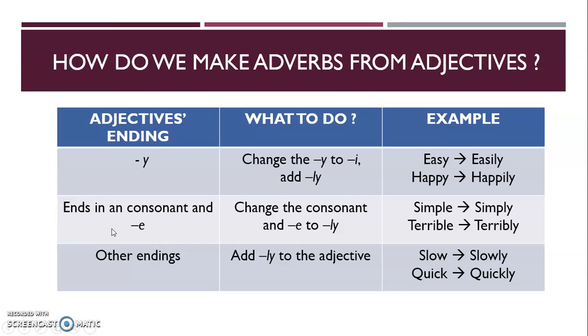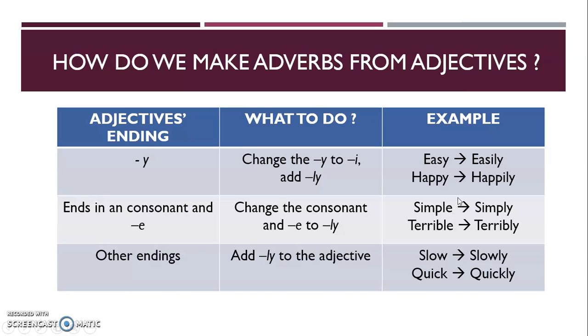Alright, if the adjective ends in a consonant and e, consonants are the alphabets besides A, E, I, O, U. Right? So you change the consonant and e to ly. Simple. So for example here the word simple. L is the consonant and e.